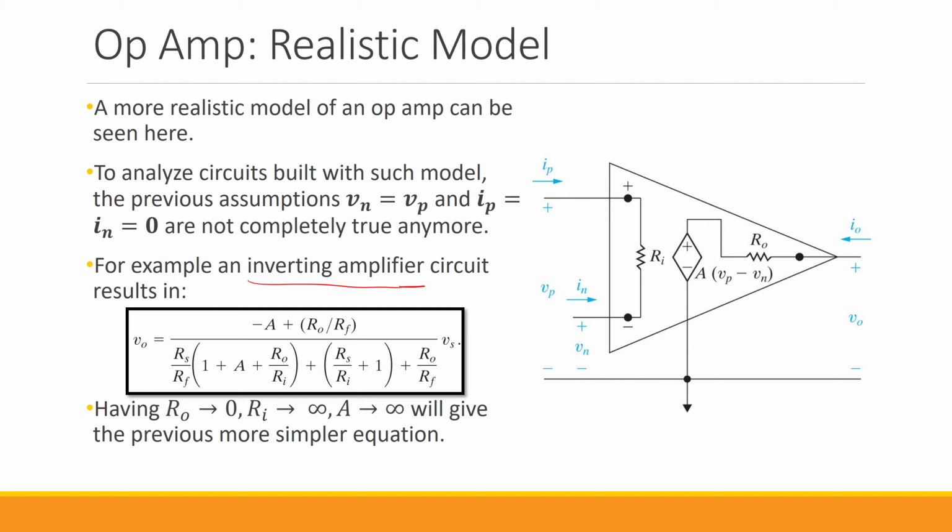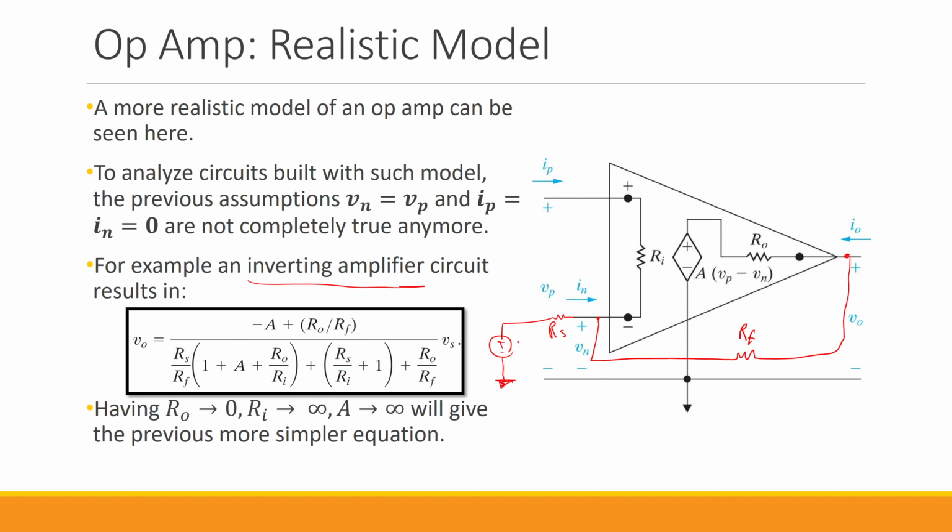If we are designing an inverting amplifier using this circuit, if you remember, we had to have a feedback resistor between the output and the inverting input. Then we had this Rs, which was connected to a voltage source Vs and then to the ground.